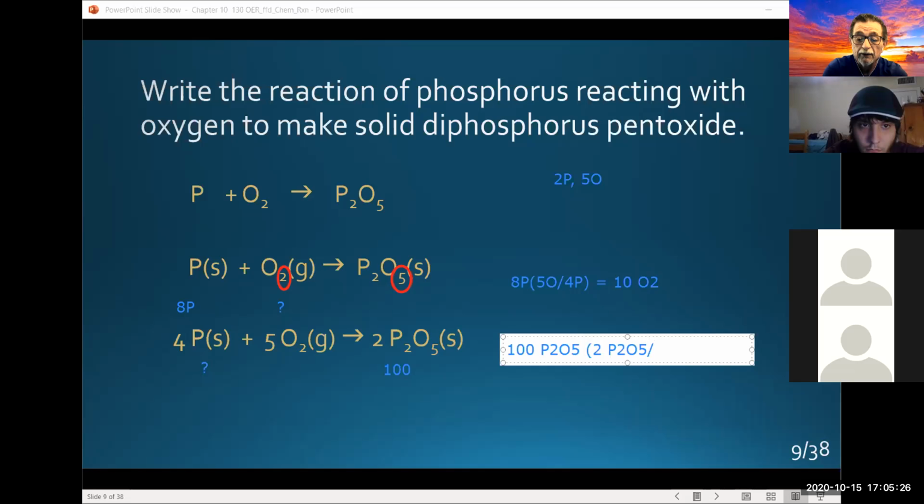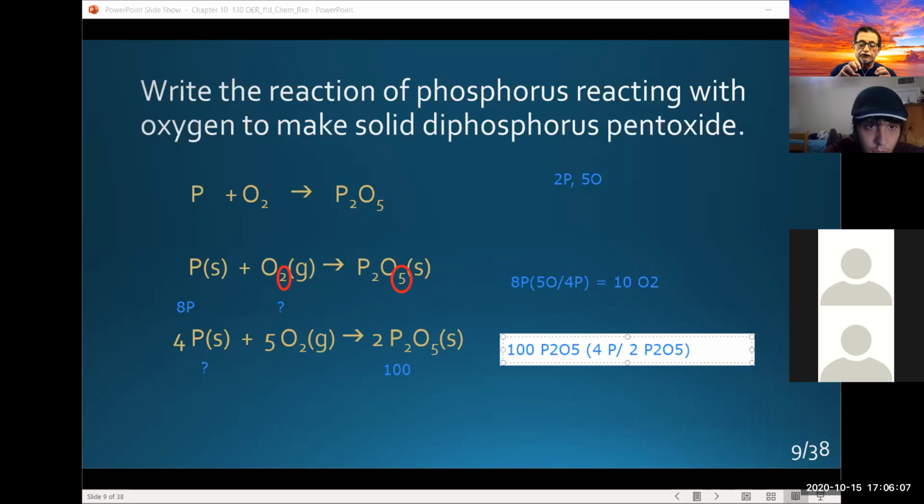Isn't that P2O5 divided by 4P? Isn't that my ratio? Wouldn't it be the other way around, so that you can cancel out the P2O5? Good, you got it. Very good. Because I'm looking for phosphorus, right? So I need to go phosphorus on top, and I need to go with 2 P2O5 on the bottom.